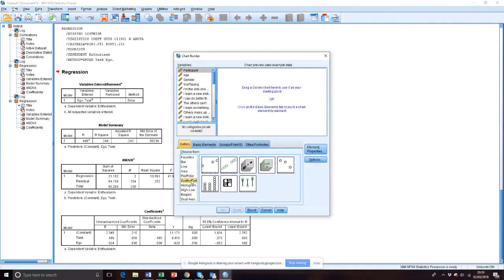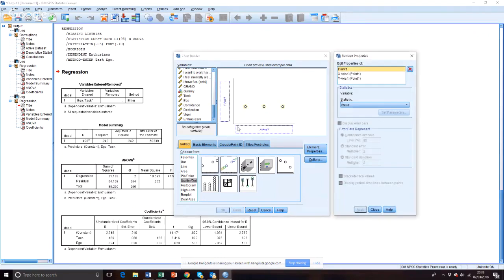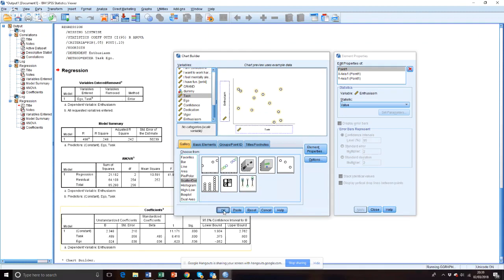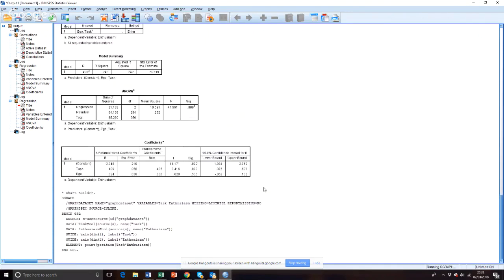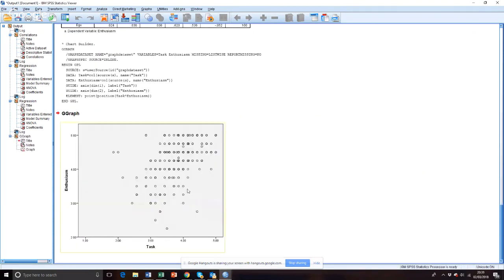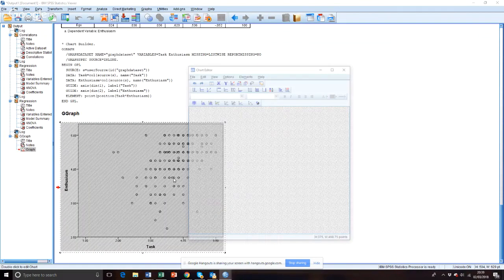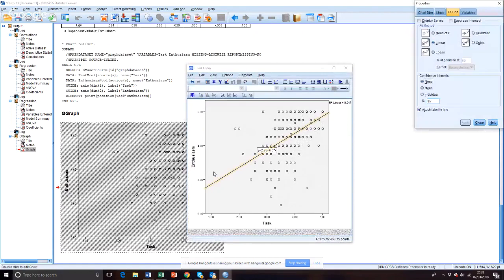Essentially, you're going to do a scatter plot chart here, so you have an x-axis and y-axis. You might have enthusiasm here, task here, and you can run that. So you can play around with it in SPSS.